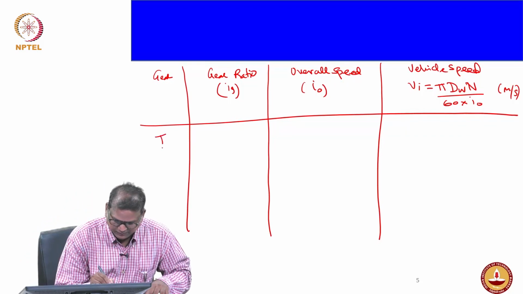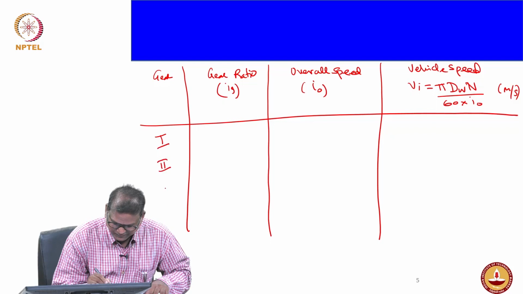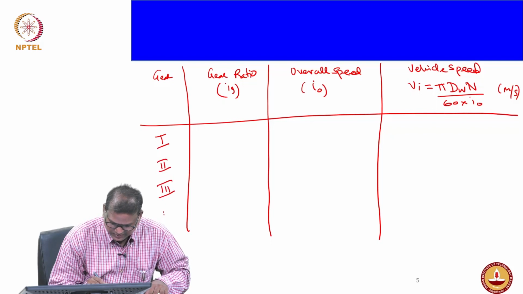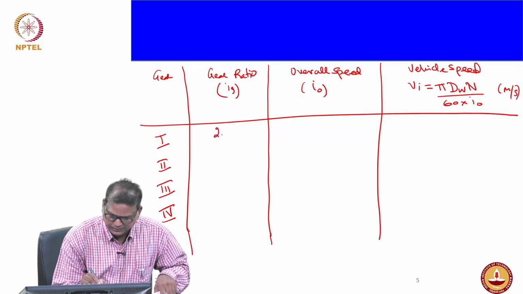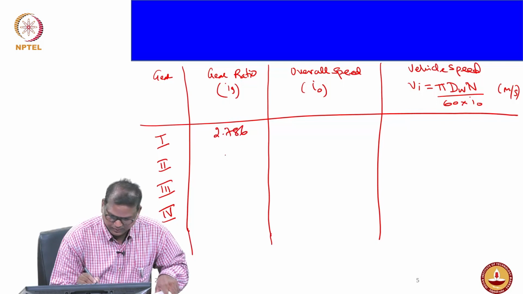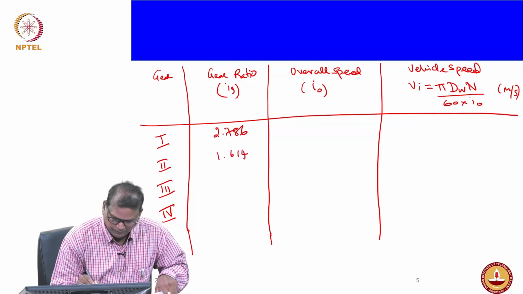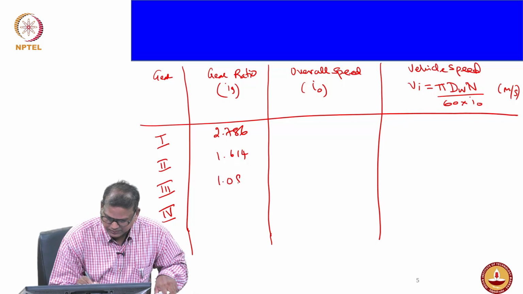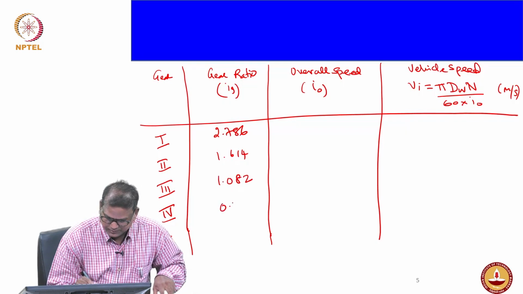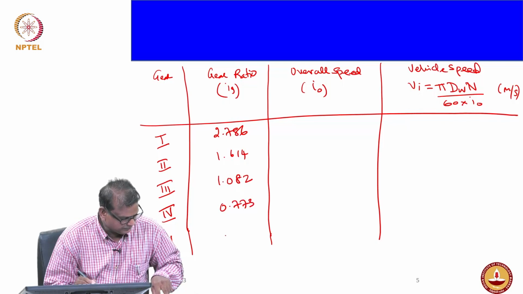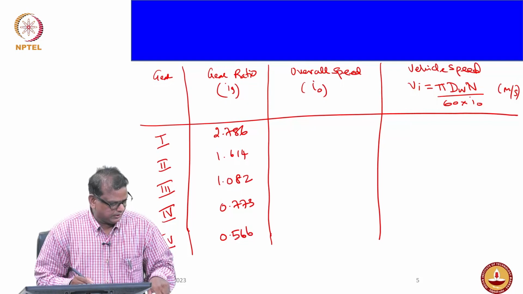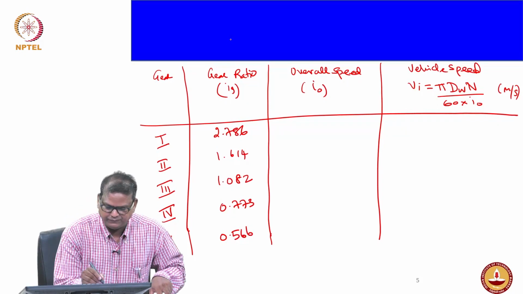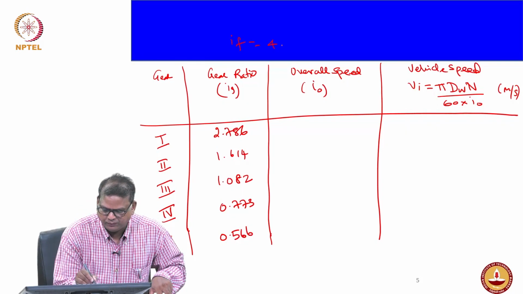Did you find an answer for that? Any answer? The gear ratios are 2.786, 1.614, 1.082, 0.773, then 0.566. This is the gear ratio, and the overall final drive ratio IF is given as 4.44.